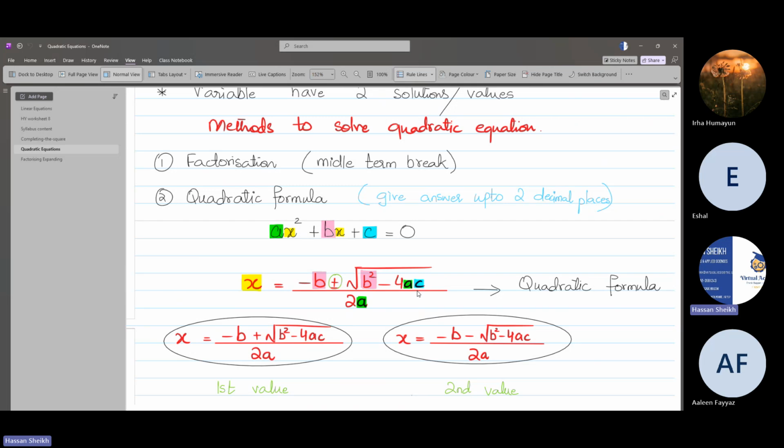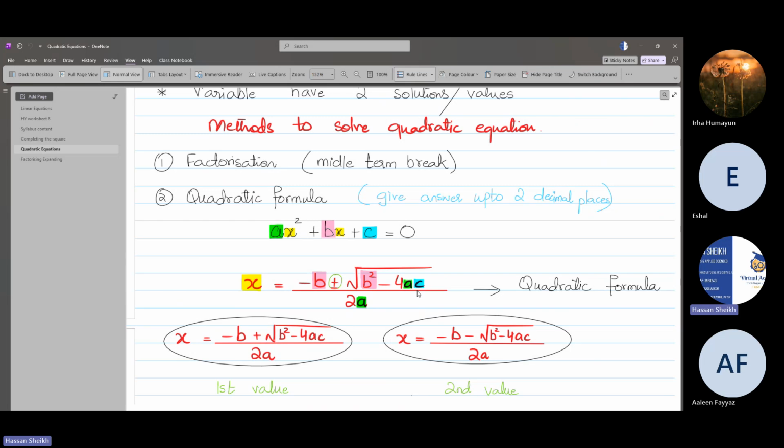The second method to solve a quadratic equation is the quadratic formula. Usually in an exam, when you are asked to give the answer up to two decimal places or round the answer to two decimal places, this is how they indicate that you must use the quadratic formula.